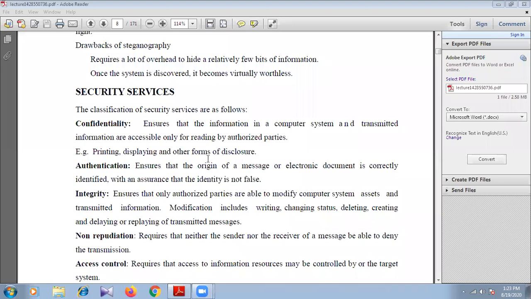In the security services, we mainly concentrate on what the security services are, and the principles you have to use in security, which we already discussed in the last class.